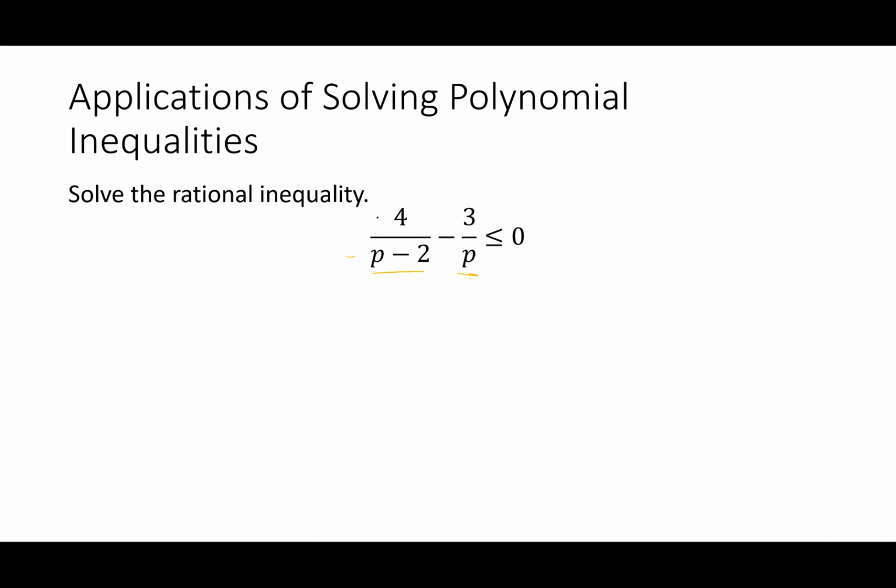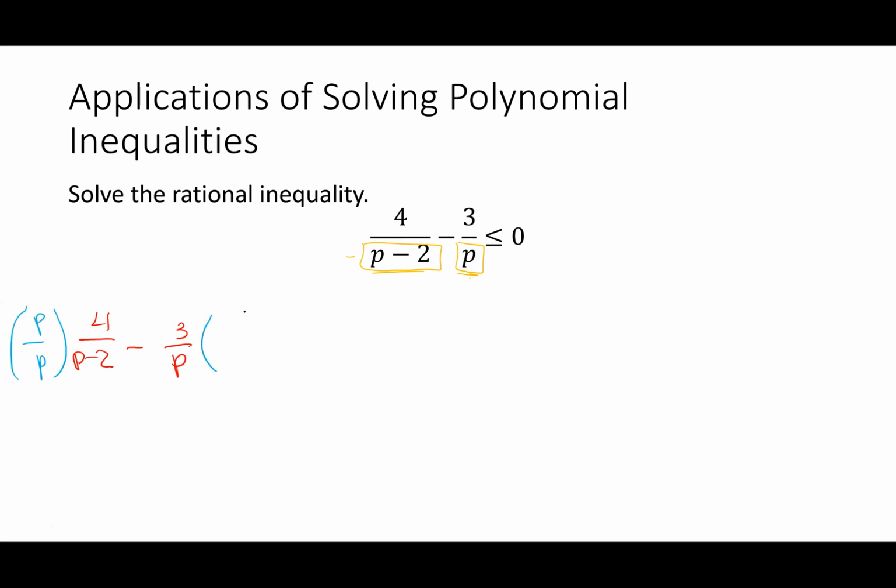So what I'm going to do here, I'm going to observe that these denominators are not common. So I'm going to need to do a little bit of fraction analysis. So in order to get the denominators the same, I'm going to give this guy here a p over p.